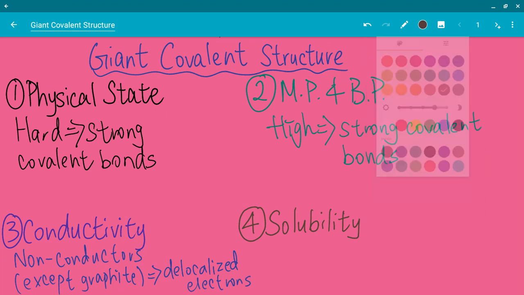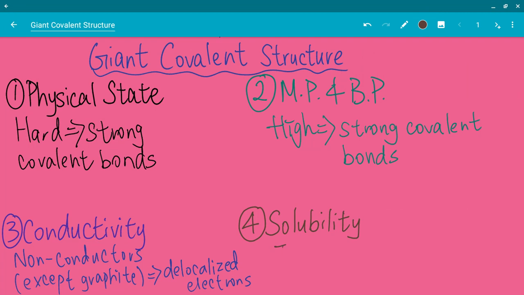How about the solubility? Giant covalent compounds are insoluble in both aqueous and non-aqueous solutions.